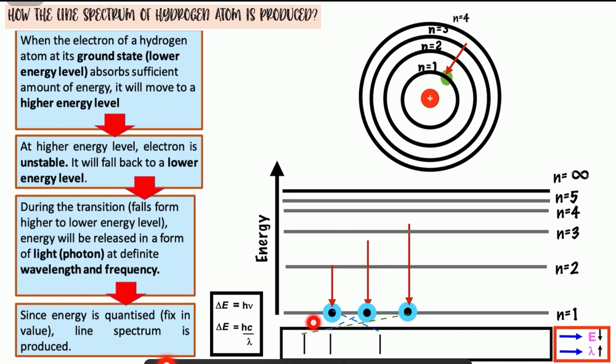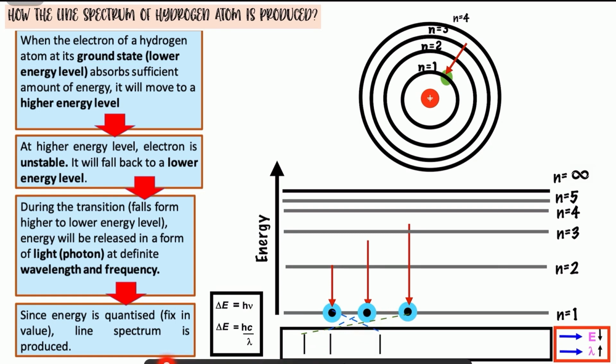So for this line, it has the larger energy difference but the lower wavelength. And this line has a lower energy but higher wavelength.